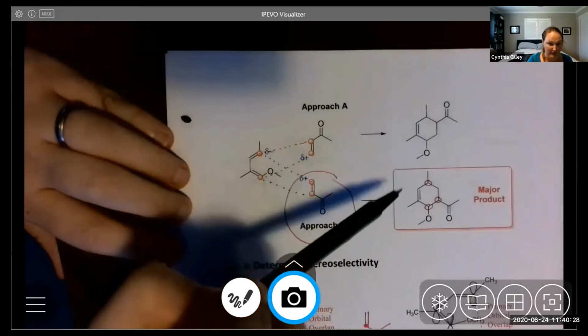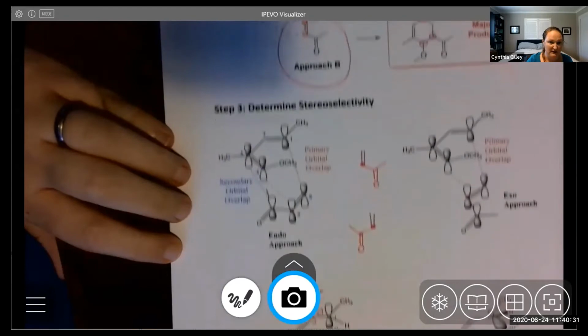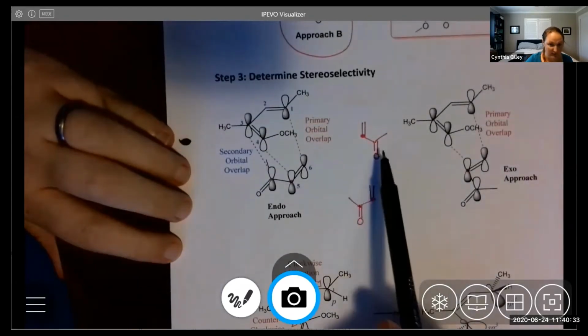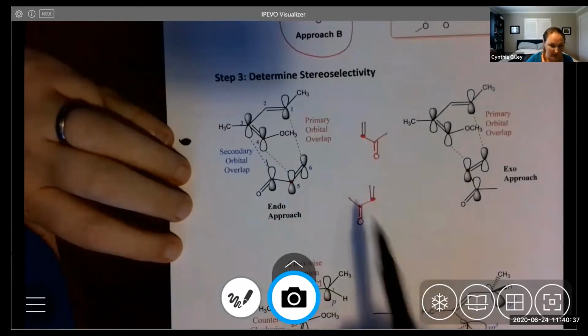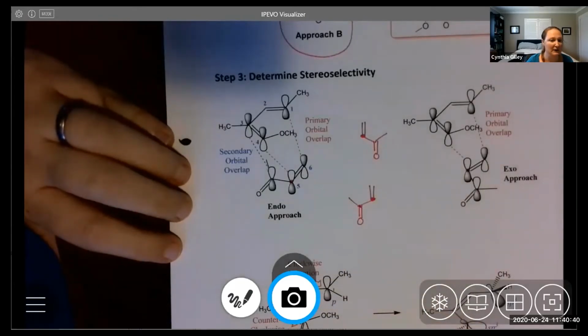We call that regiochemistry. But with it pointed down, it can still approach with 2 different orientations. That doesn't lead to this group being at a different carbon, it's still at the same carbon, but it will lead to different stereochemistry when it approaches in or out.